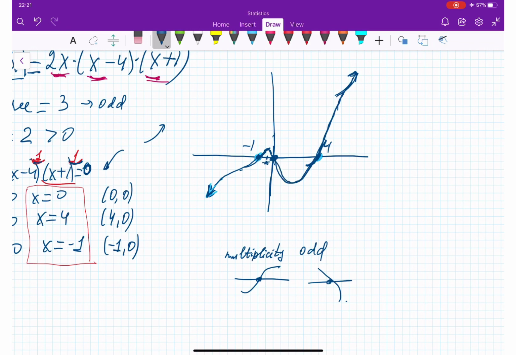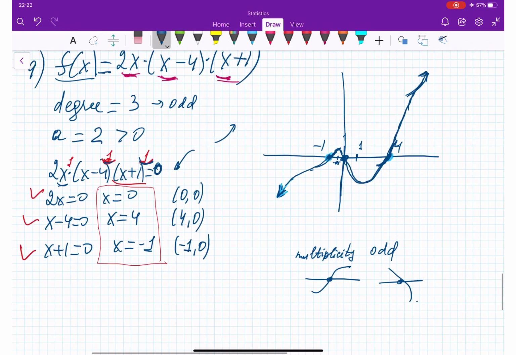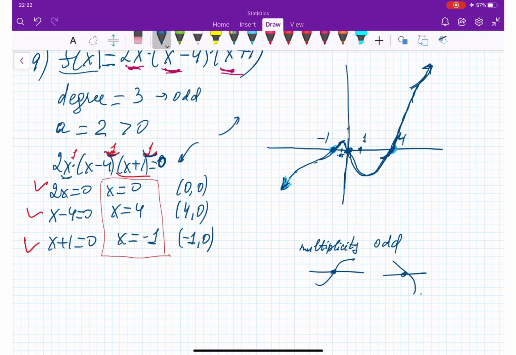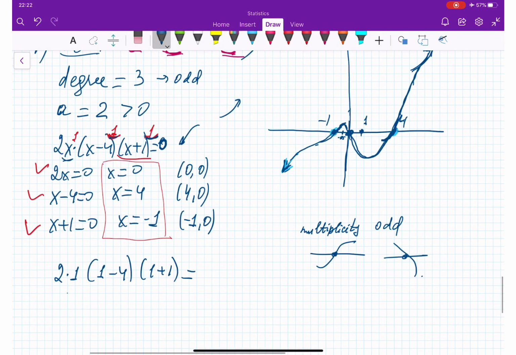So I can take some points here. Let's take 1, because 1 is easy. If I take 1, let's see how much my y will be. 2 times 1 times 1 minus 4 times 1 plus 1. We get 2 times negative 3 times 2, since 1 plus 1 is 2.